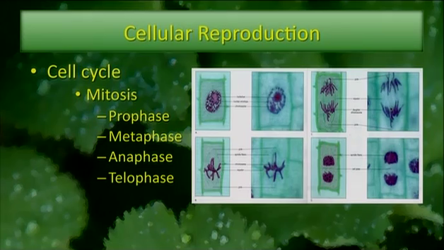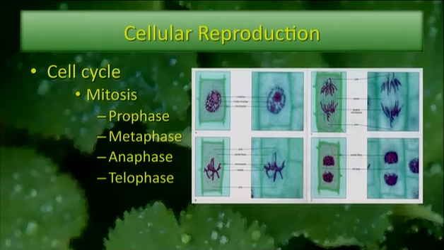Now during telophase, okay, the genetic material diffuses back into chromatin. Okay, the nuclear membrane begins to reform. Okay, and we also have the fact that the nucleolus becomes apparent again.